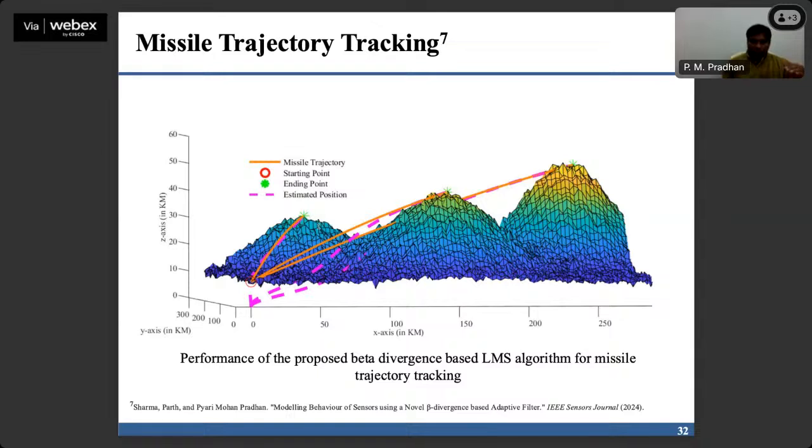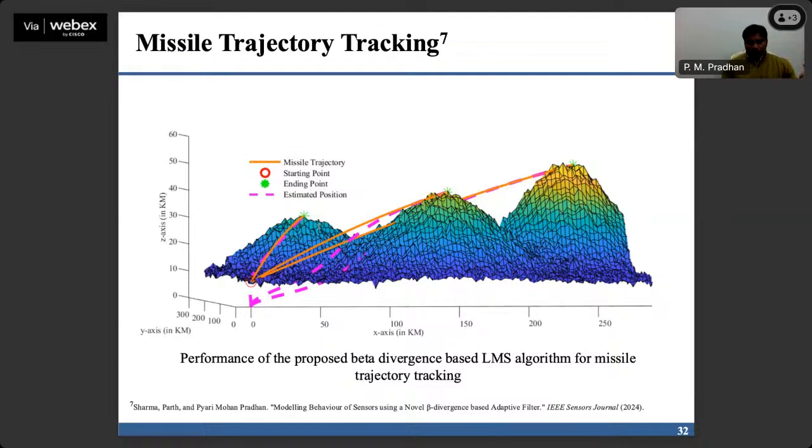If you use any of these information theoretic divergences, you can track the object. Here the beta divergence has been used, and the pink graph shows that when the object reaches the ending point, you should be able to predict the ending point position beforehand. That is what target tracking is aimed at.